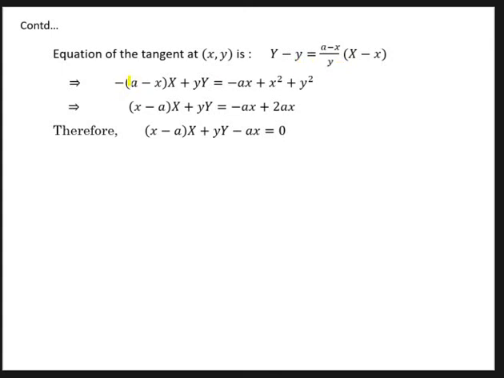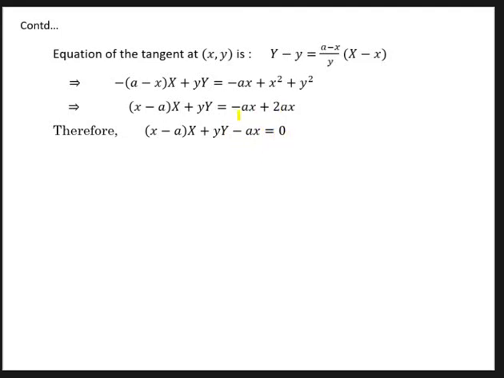We get minus of a minus x into X plus y into capital Y is equal to minus ax plus x square plus y square. Further, this implies x minus a into X plus y into Y is equal to minus ax plus 2ax. Therefore, x minus a into X plus y into Y minus ax is equal to 0.